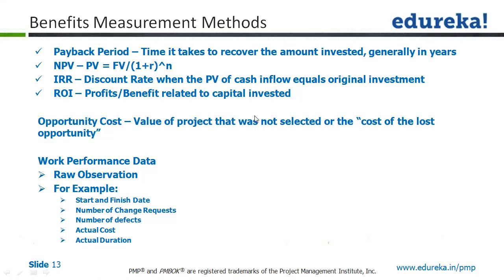The first term is work performance data. The second term would be work performance information. The third term would be work performance report. So you must know about all these three different terms.